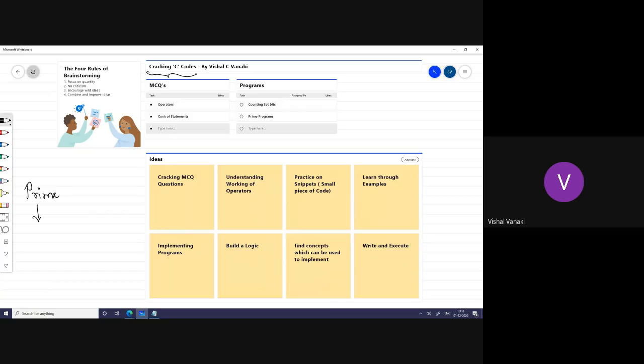If the number is divisible by one and itself only, you can't just use that, because every number is divisible by one and itself. So how do you identify it? There is a factor called 'only', so you can use that and build it. That is one common logic used by students.